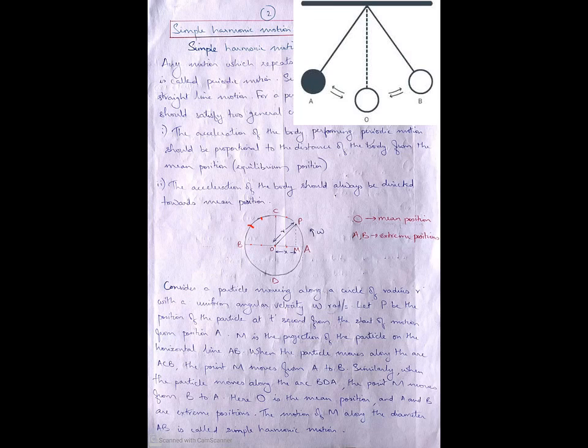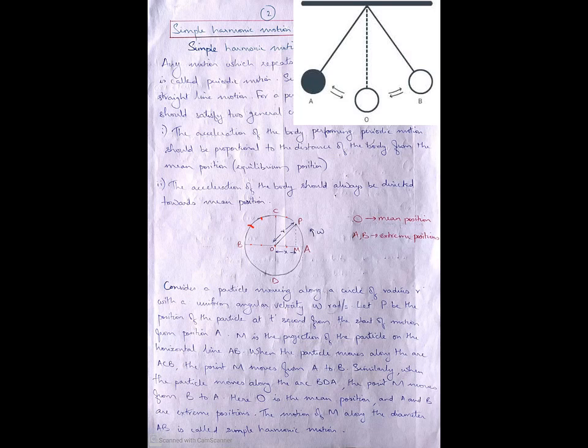So at each time we can see that as the particle is moving from this A point to C and from C to B, in the horizontal direction this M is moving from A to B in a straight line, isn't it? As the particle is moving along a circular path, this M is moving along a straight line.